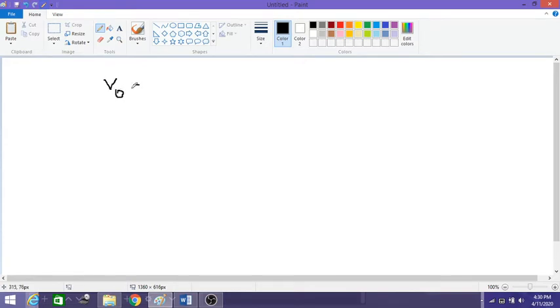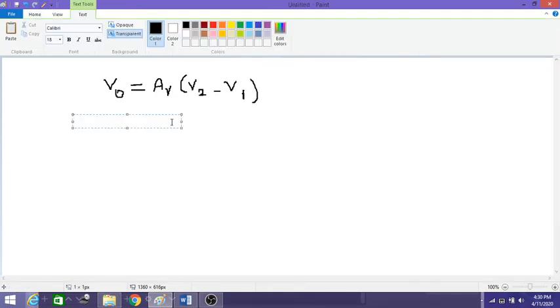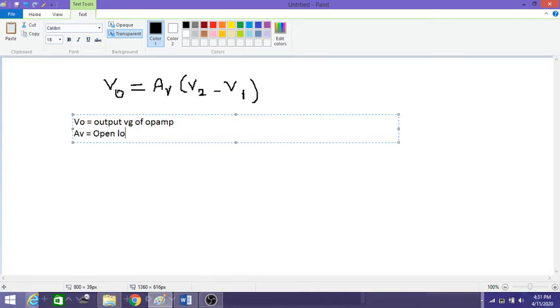We know that the output voltage equation is given by V0 = AV (V2 - V1). Here V0 is the output voltage of the op-amp that we will get. AV is the open loop voltage gain.